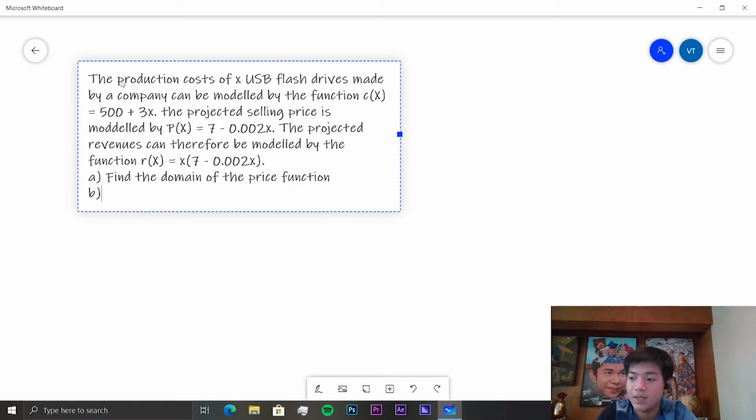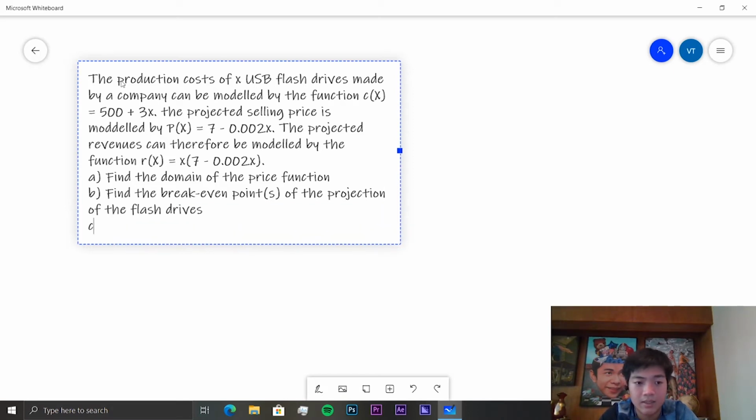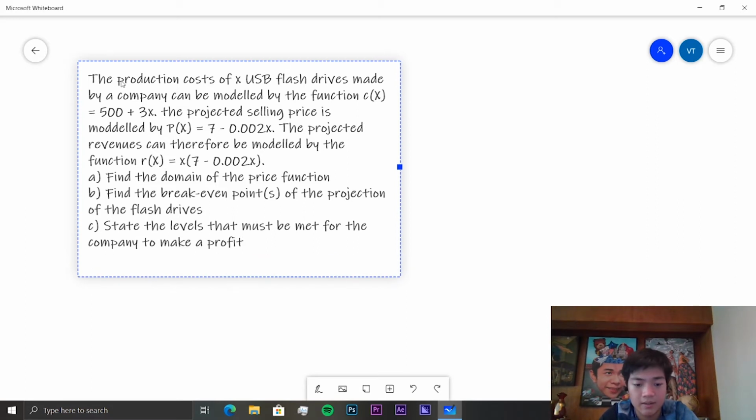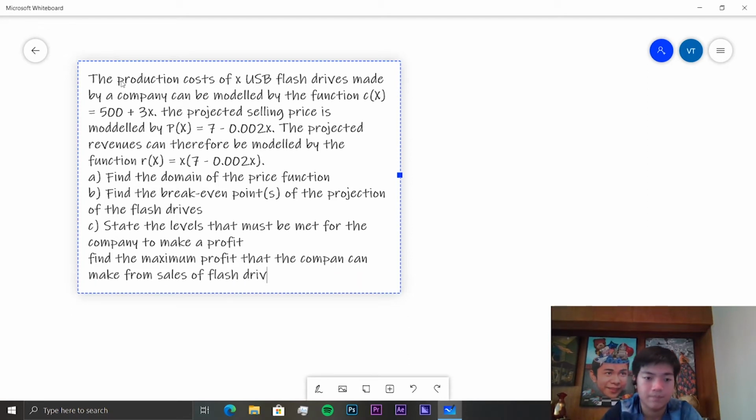B, find the break-even points of the production of the flash drives. C, state the levels that must be met for the company to make a profit. And D, find the maximum profit that the company can make from sales of flash drives.